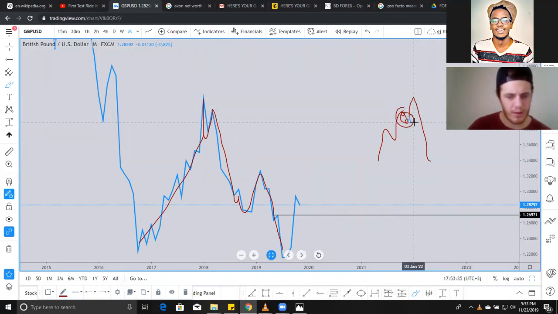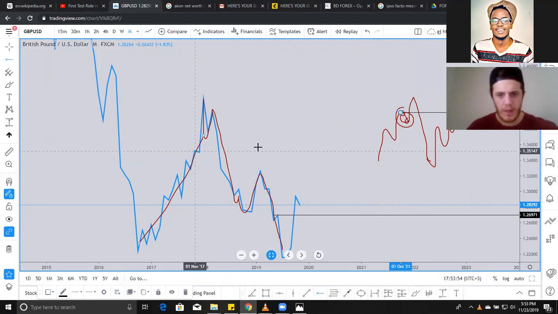So a shift in direction such as this, we expect it to come all the way to these previous highs, as I was just explaining.